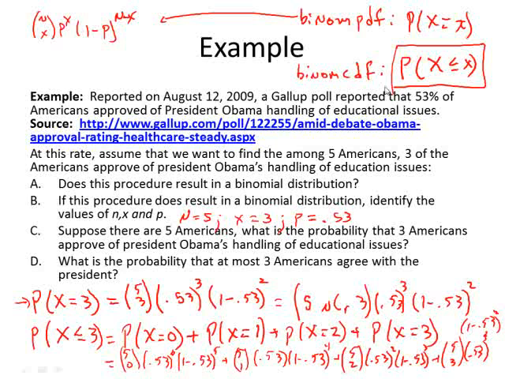It only works this way. That's why it's very important for you to write this out and then pick the appropriate calculator routine or compute them by hand. Or you can go to the binomial tables in the back of your book and use the tables as well.